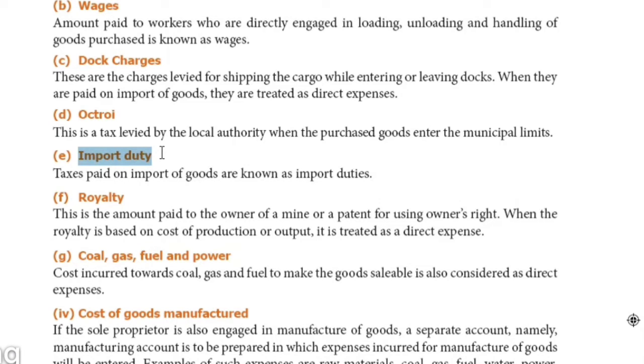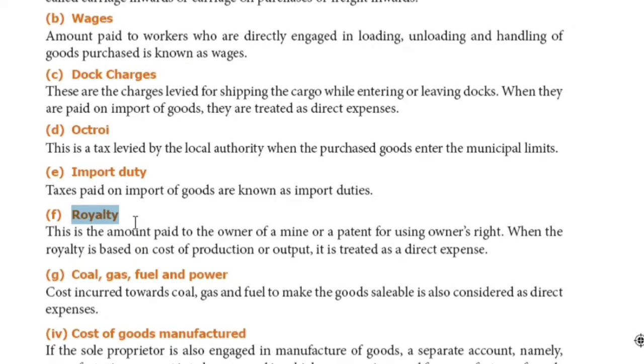Okay, then you have royalty. Royalty: a person who has invented a product will have a document stating that this product has been invented by me and I hold all the copyrights of the product. So if you are going to use it, you have to get the permission of the person who has the copyrights, and you have to pay him. Take the film industry we have.